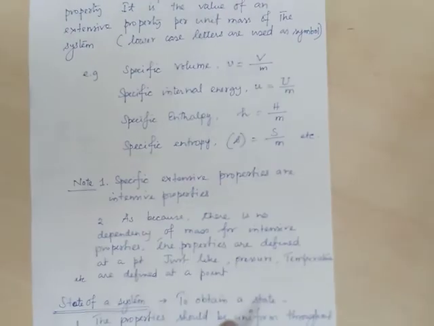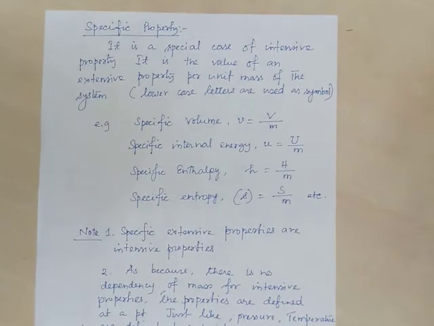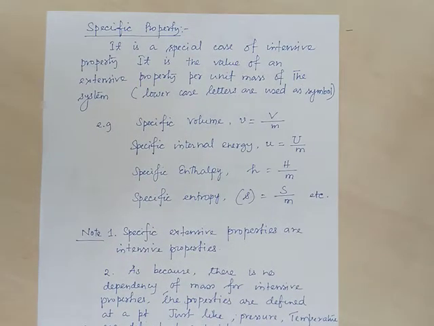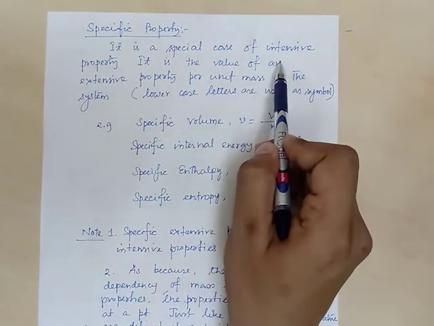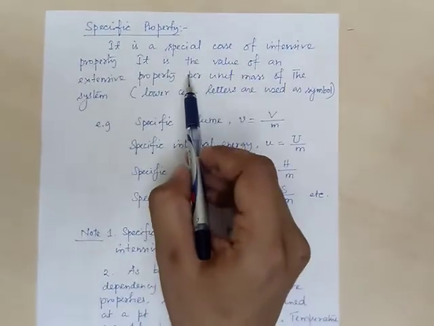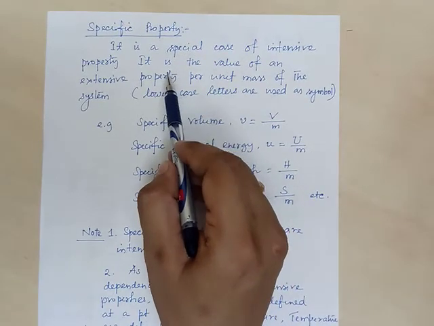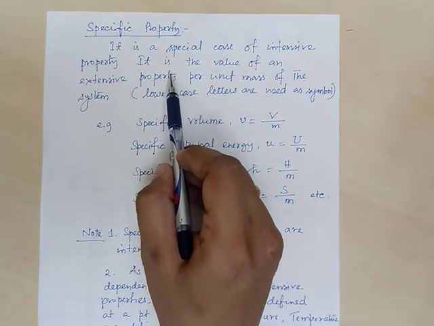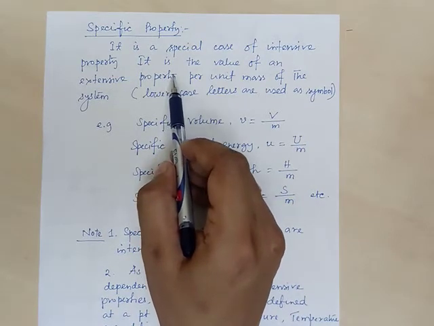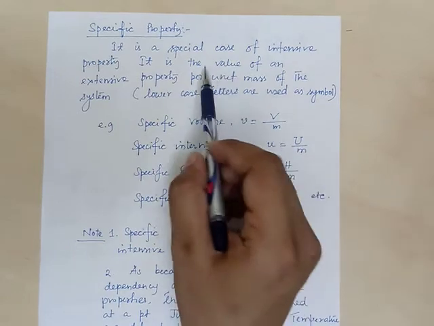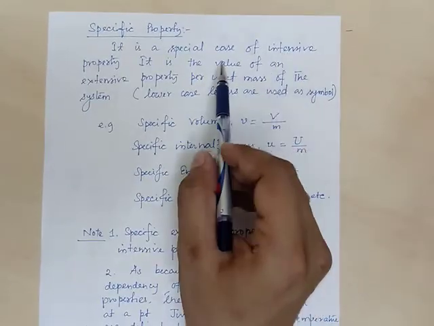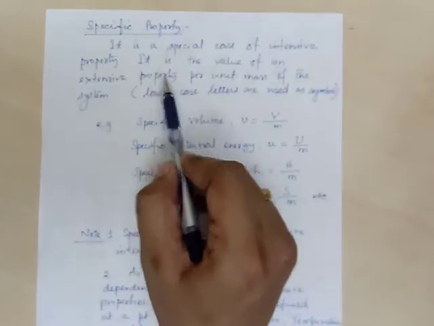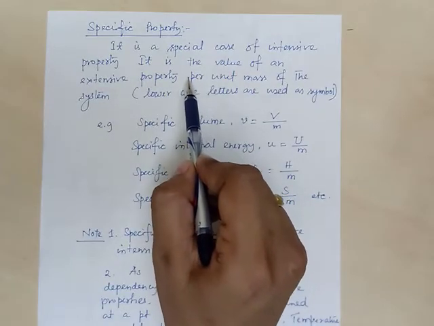One special property is there which is called a specific property. It is a special case of intensive property. Because the intensive properties are independent of mass, here the specific properties are derived from the mass of the system.